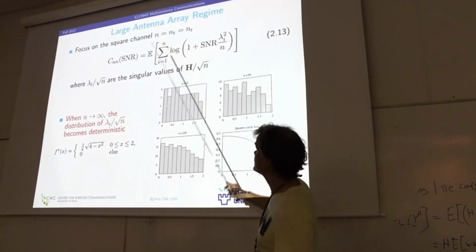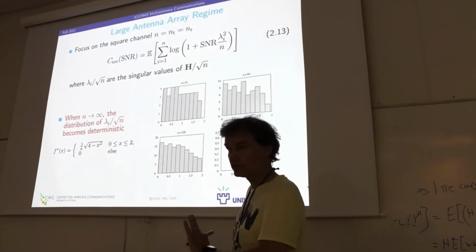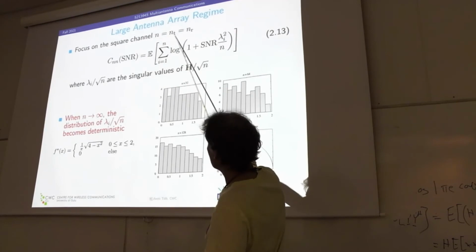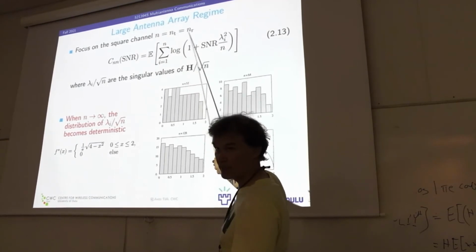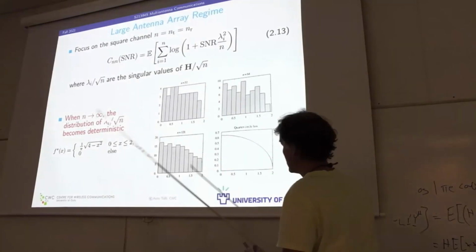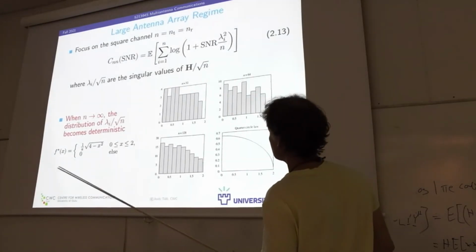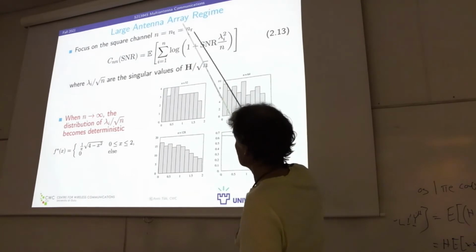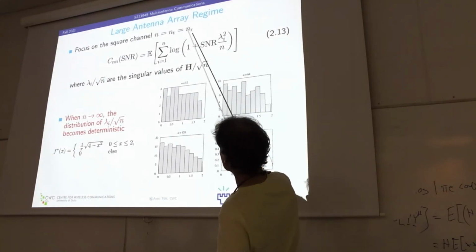We can of course handle other scenarios with a fixed ratio between NT and NR, and similar results apply. But let's consider just this simple scenario first.